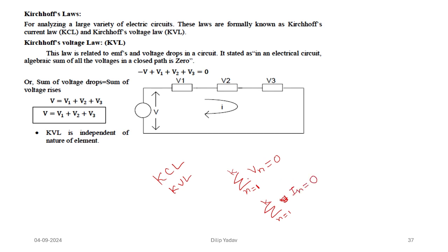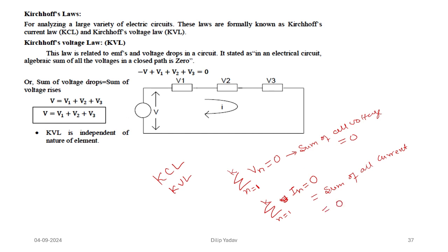What does it mean? That means the sum of all the voltages will be equal to 0, and in KCL, the sum of all currents flowing in the circuit will be equal to 0.